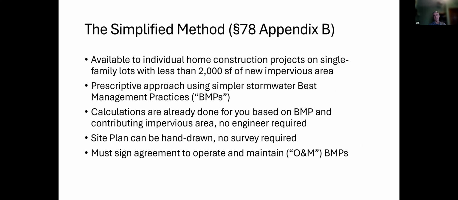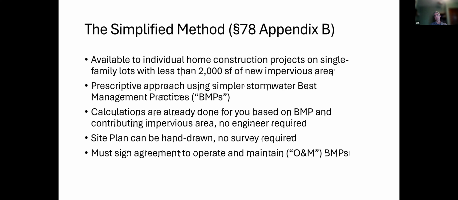The simplified method is explained in Appendix B of Chapter 78 of the Haverford Township Code. And as I said, this is available to individual home construction projects, so projects on single family lots with less than 2,000 square feet of new impervious area.